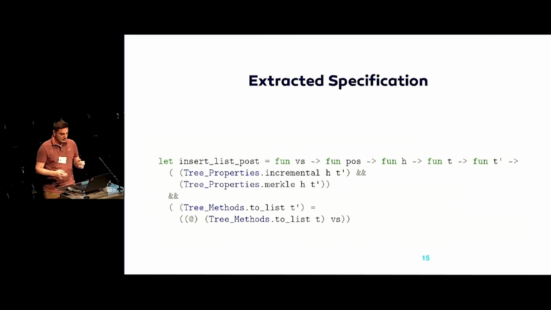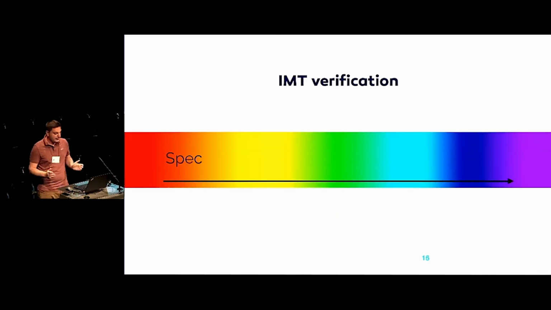And then the post condition, which will check these two invariants over the resulting tree T prime, and that the elements were inserted correctly. So with this, we are able to follow the diagram that I showed earlier in order to test the production code.